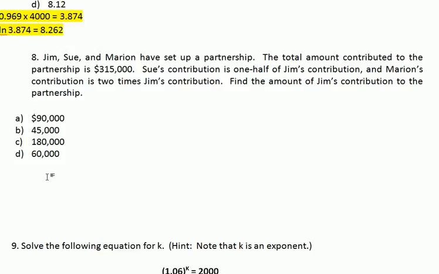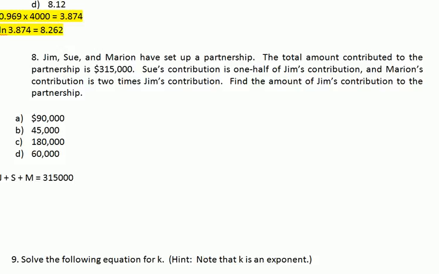What we do know is that the total is 315,000. So J plus S plus M adds up to $315,000. So that's one equation.